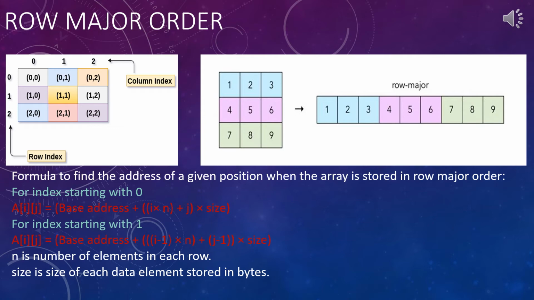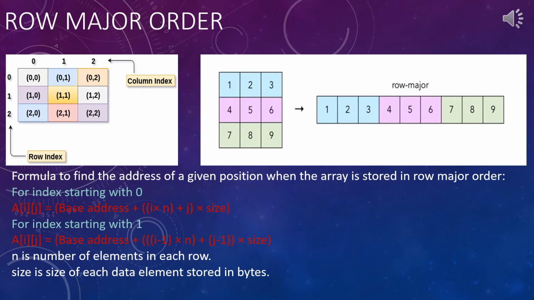For index starting with 0, there is a formula which says for array A, the address of position (i, j) is base address plus (i into n plus j) into size, where (i, j) is the position that we are asking for, size is the size of the data type that is stored in the array, and n is the number of columns, that is, it is an m cross n array. So n is the number of columns, that is the number of elements stored in each row, and base address means the first address.